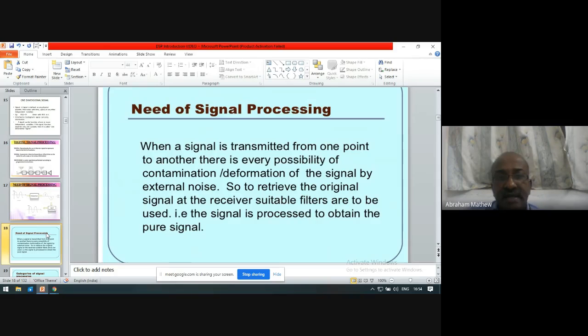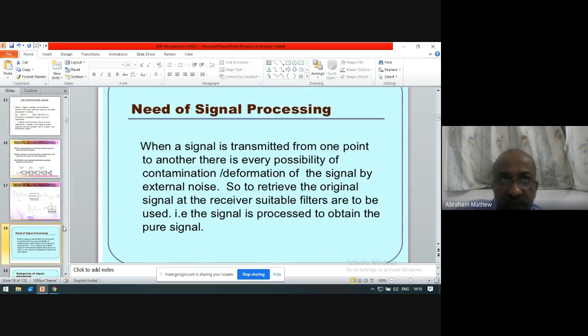What is the need for signal processing? So we have discussed that when a signal is transmitted from one point to another, there is every possibility of deformation or contamination of this information by external noise.